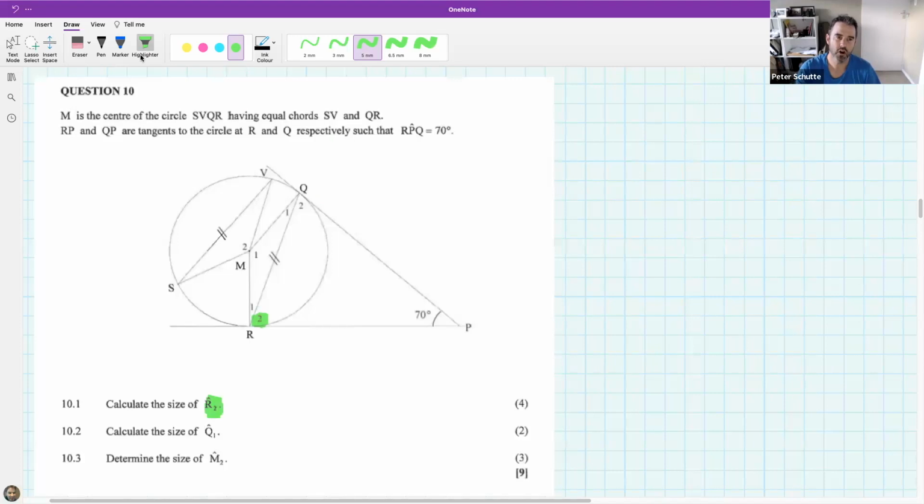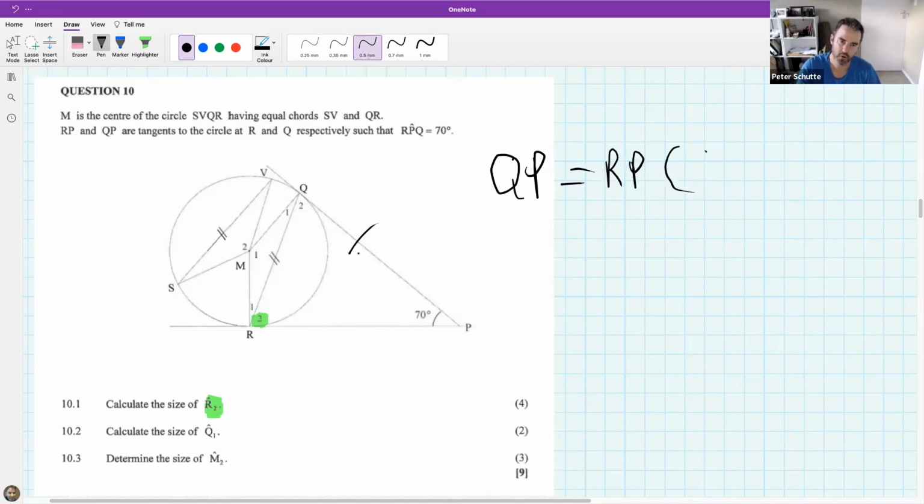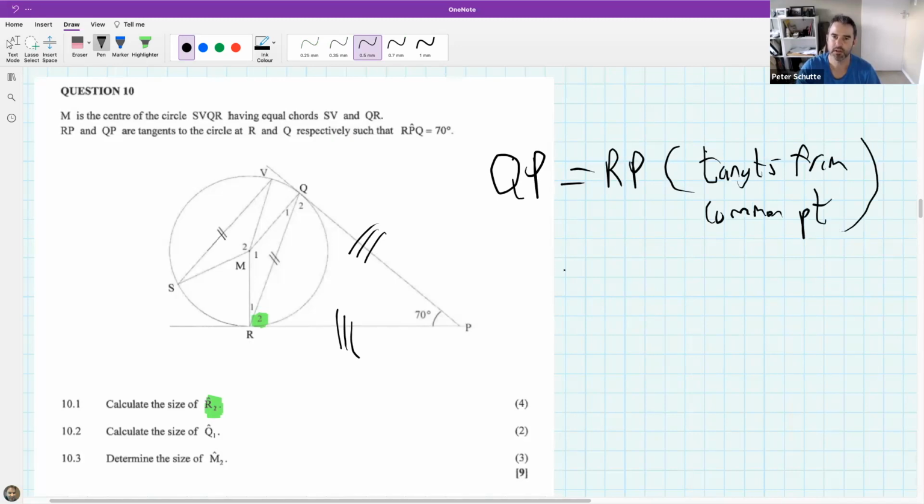Okay, so we know that QP is equal to RP. So we know that this one is equal to that one, and that is tangents from a common point. Now, what's the next step?